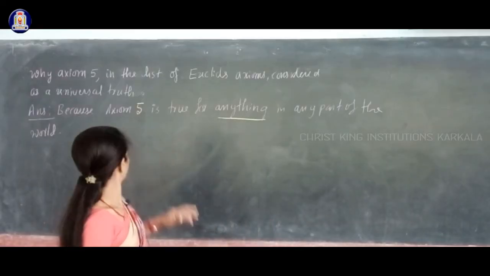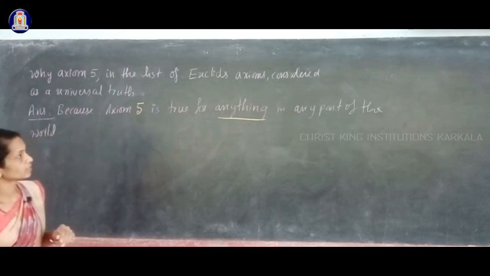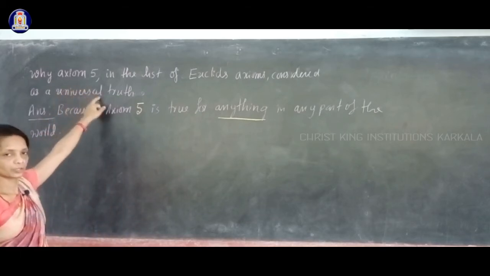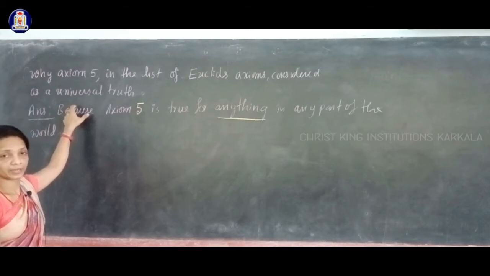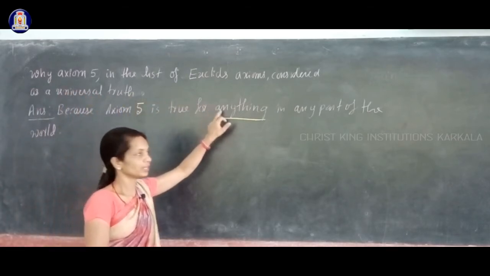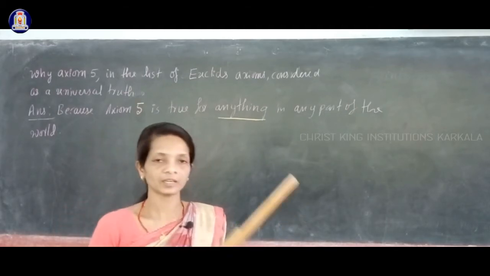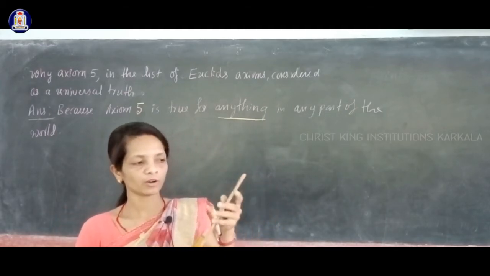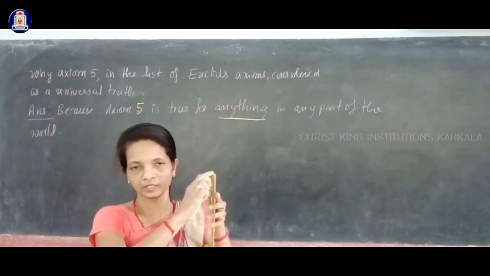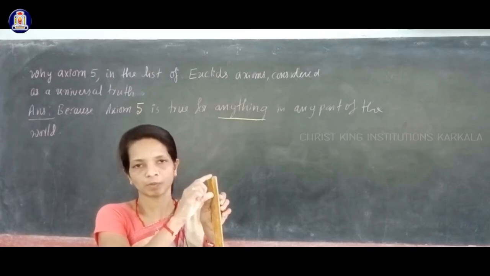Next question: why is axiom 5 in the list of Euclid's axioms considered a universal truth? Because axiom 5 is true for anything in any part of the world. For example, if you take this scale and take only this much part, then the whole scale is clearly greater than this part, right?